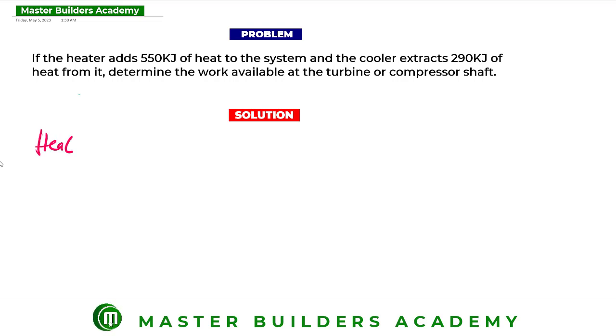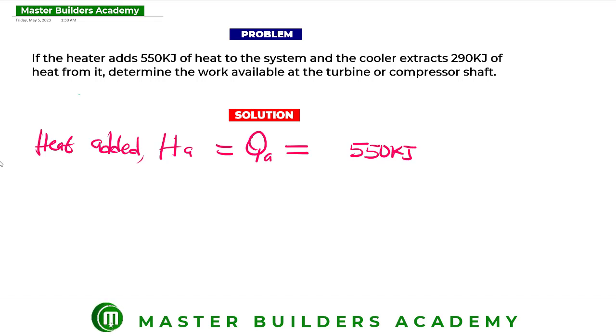Let's call this HA, or QA, and QA is given as 550 kilojoule. When a system accepts heat, it is positive. So this heat is positive because it was added to the system.